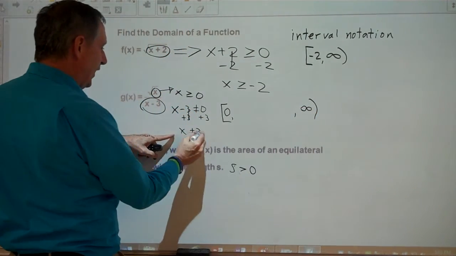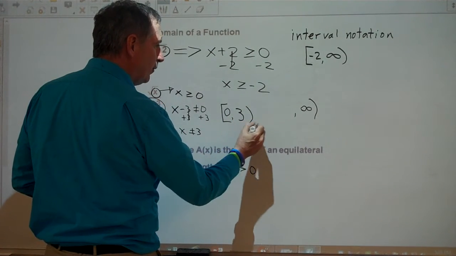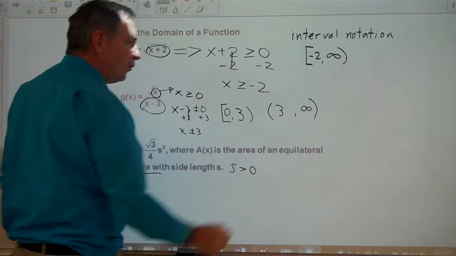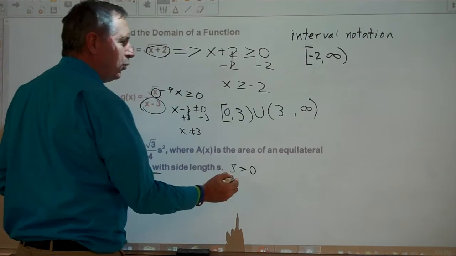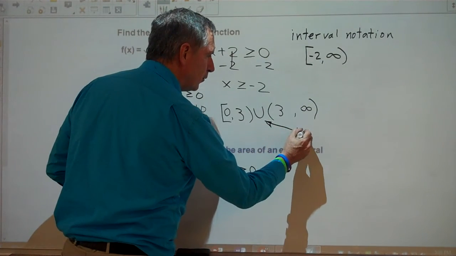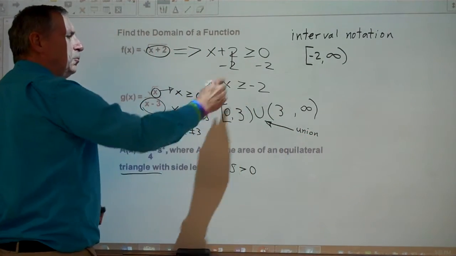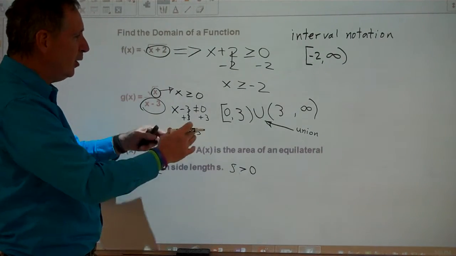But there's a break at x equals 3, so we can go from 0 to 3, and we can go from 3 up to, but not including, infinity. And what we'll do for this is we'll place a U, and this U is called a union. And so we use the union symbol to represent where we have different pieces of a function that we want to piece together.